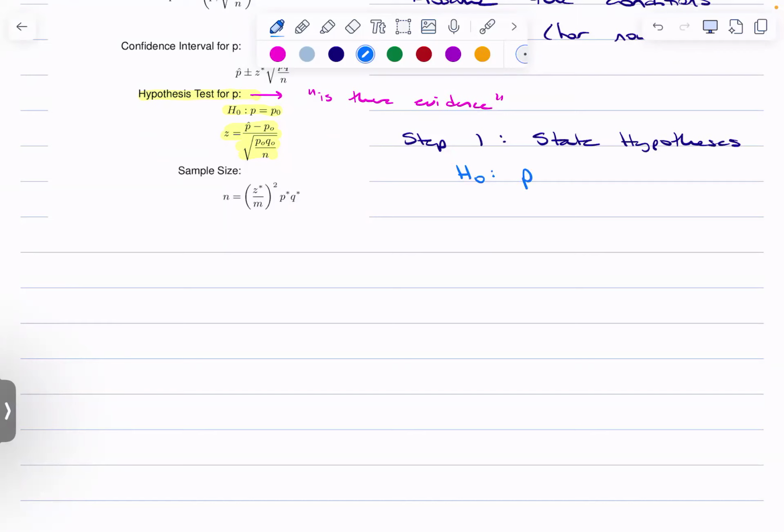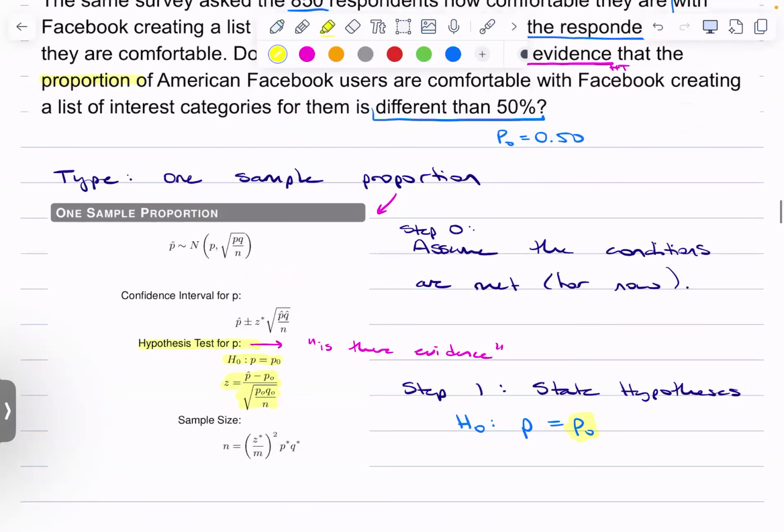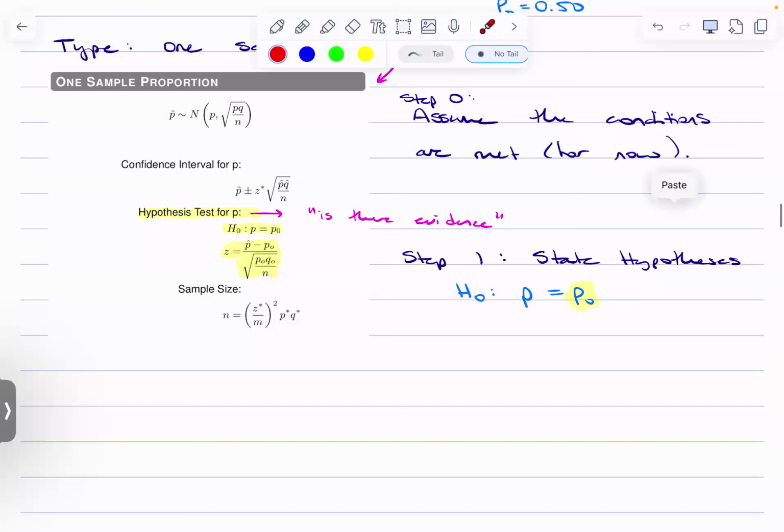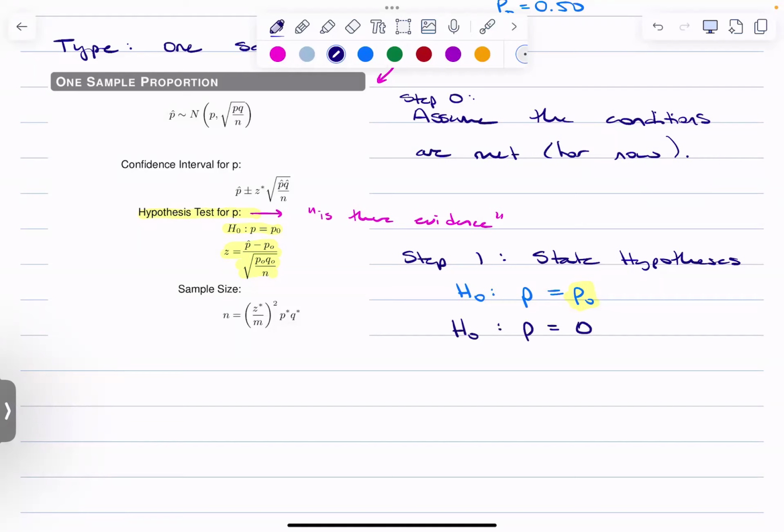H naught is that P is equal to P naught. This we need to alter based off of the question. So it's going to be 0.5, the thing we want to compare our sample proportion to. So for us, our null hypothesis is going to be that P is equal to 0.5.